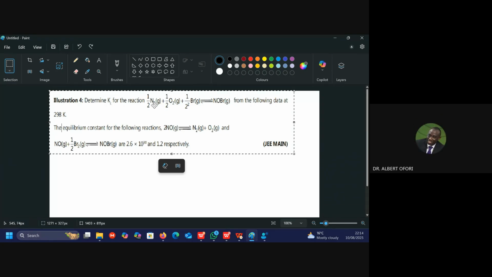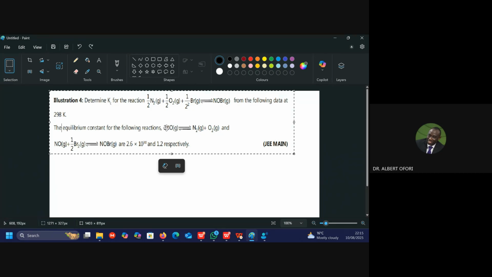If I look at the overall reaction again, it looks like now the nitrogen has been halved. So I halve the equation. So this one becomes 1 mole, and this one becomes half mole, half mole. Since it has been reversed, the nitrogen monoxide is now at the product side, whilst the nitrogen and oxygen are now at the reactant side.